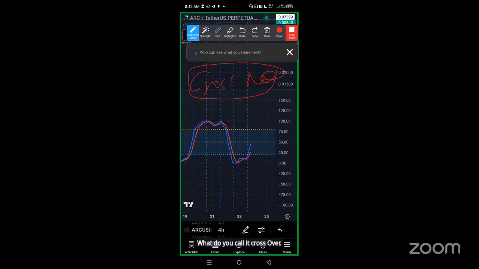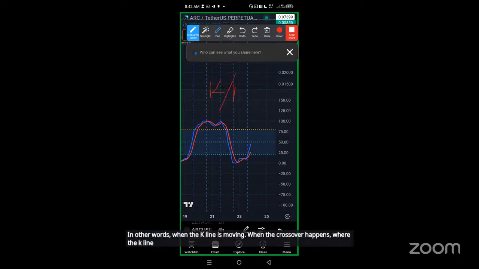A crossover where the K line will cross over the D line, and then a crossover where the D line will cross over the K line. In other words, when the crossover happens where the K line crosses over the D line, let me not go there first.